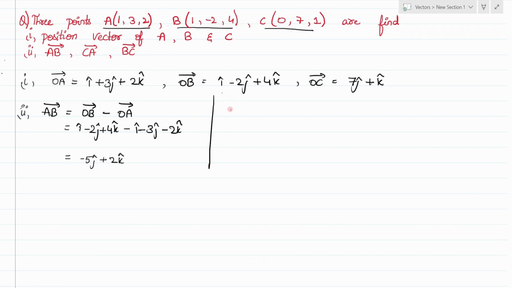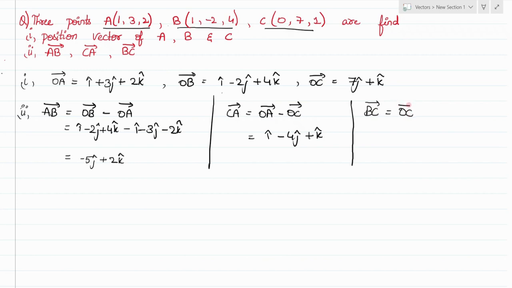Next, CA vector, that is OA minus OC vector. When you subtract it, you will get it as i minus 4j plus k cap. Next, BC.